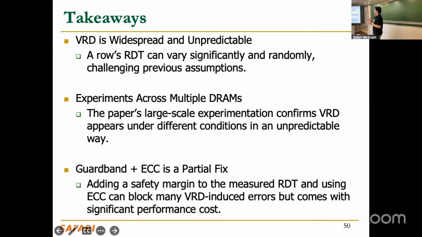And the paper's large-scale experiments confirmed that these variable read disturbance characteristics appear under different conditions in an unpredictable way. And we also saw that adding a safety margin to the measured threshold values and using ECC can block many VRD-induced bit flips, but it also comes with significant performance costs.